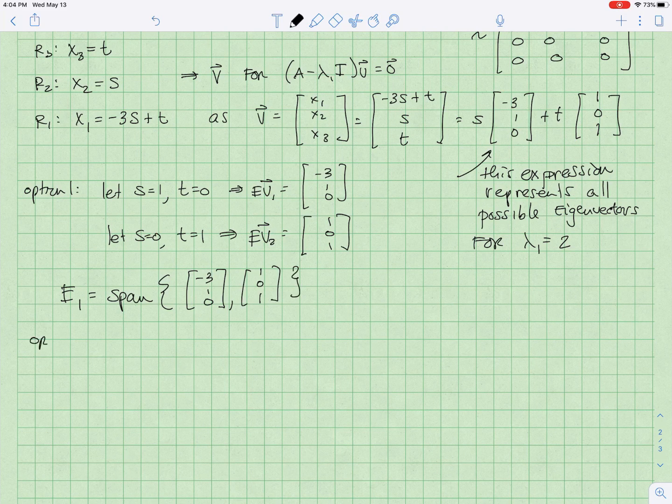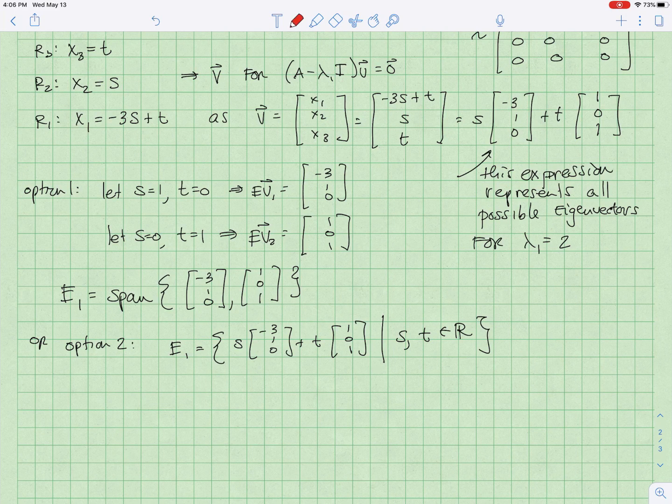Or option 2, which really says the same thing, we can just simply say that eigenspace 1 consists of all the vectors of the form s times negative 3, 1, 0 plus t times 1, 0, 1, such that s and t are real numbers. Either way, they express the exact same set, and there's no difference.